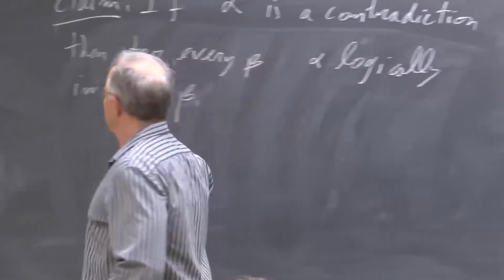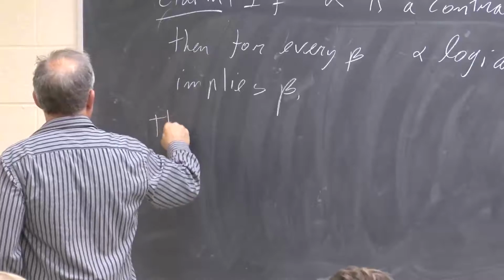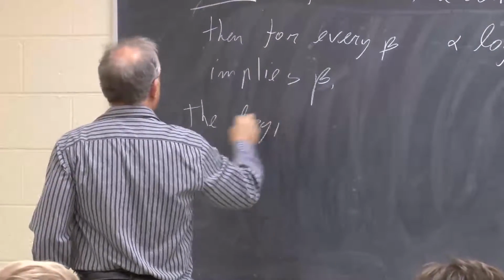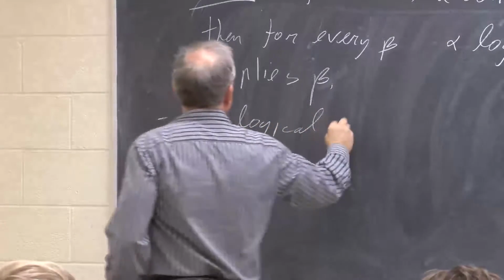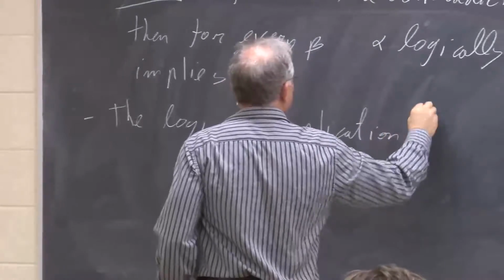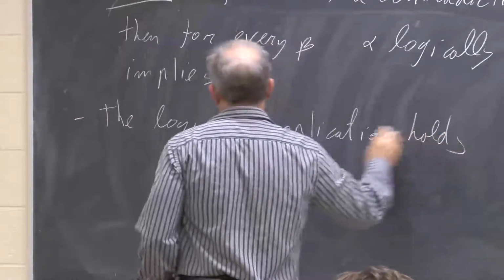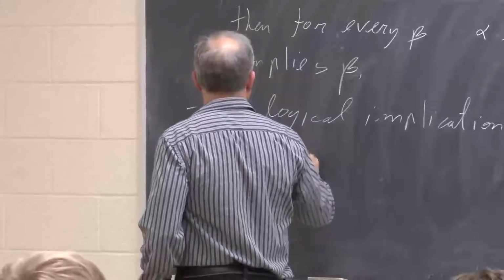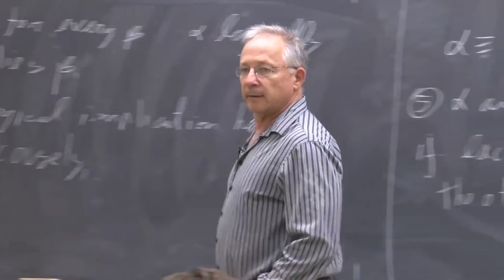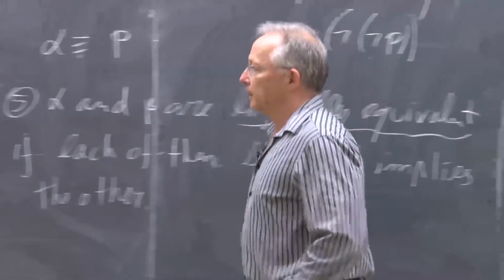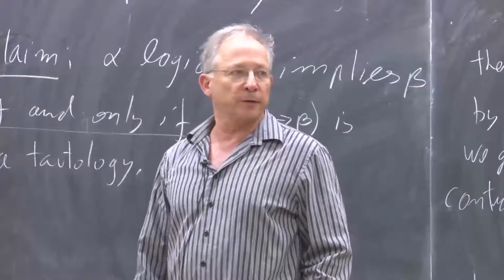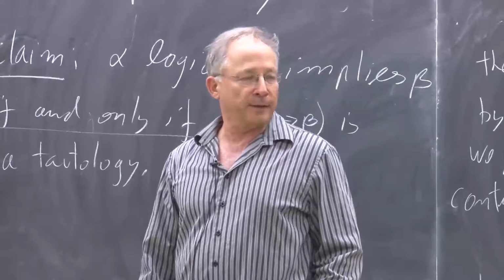So this implication, the logical implication, holds vacuously. In the sense that the logical implication means whenever alpha is true, beta should also be true, but alpha is never true.